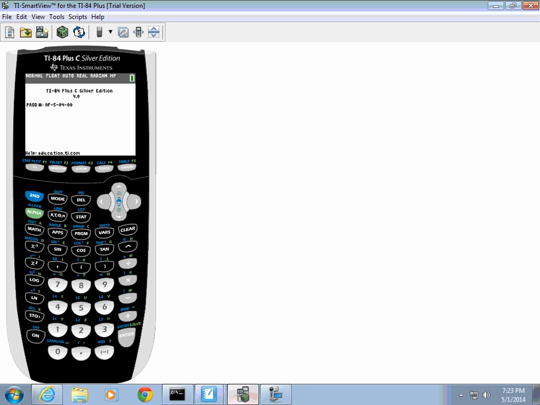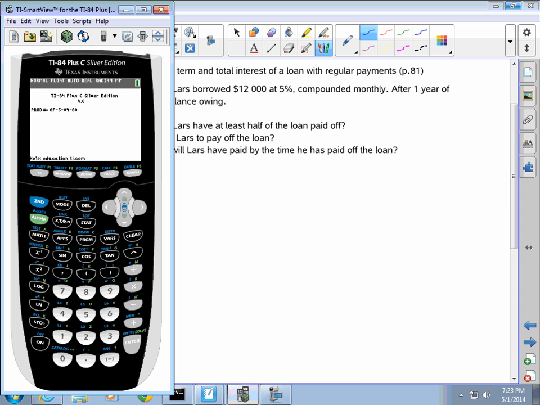So if I do my apps, I want the finance, the TVM solver. Okay, so N we don't know. Interest was 5. Present value, because we borrowed the money, is positive 12,000.